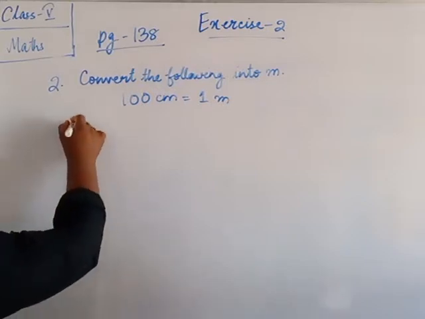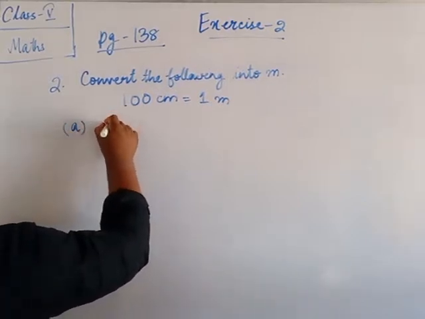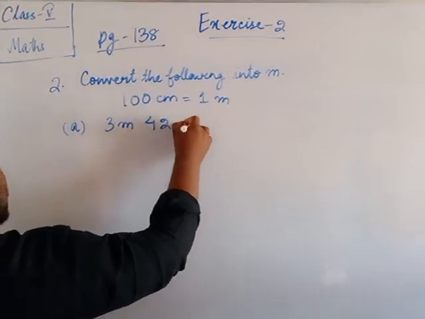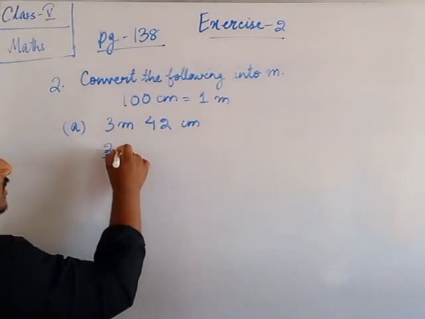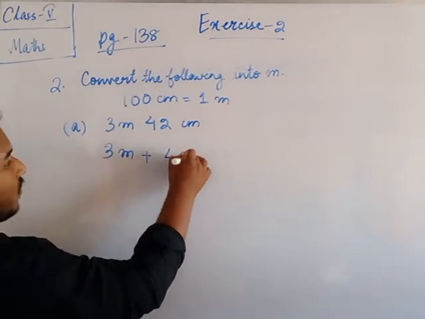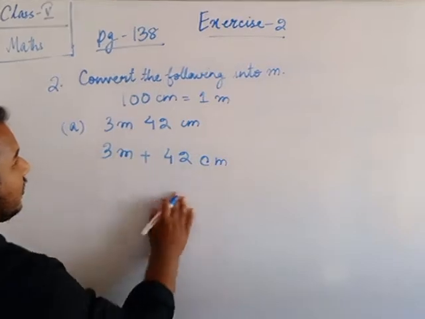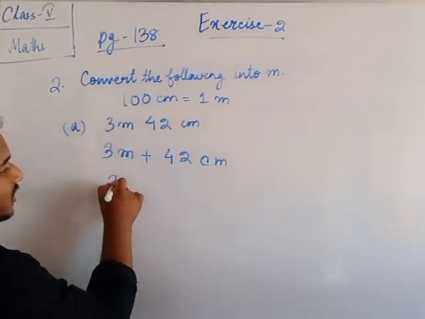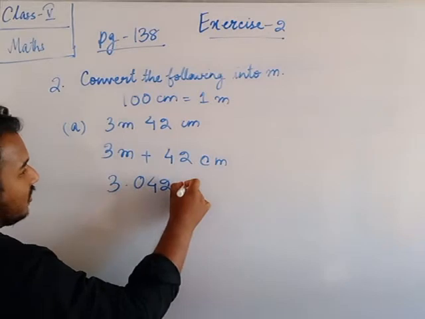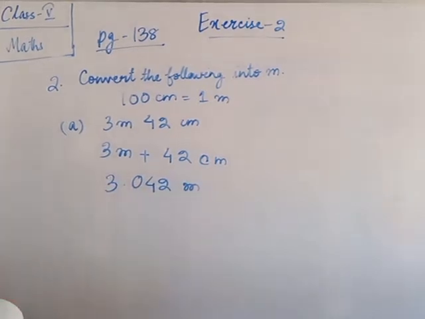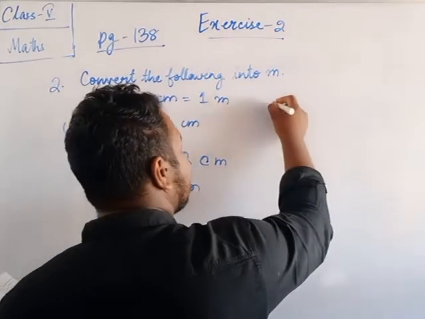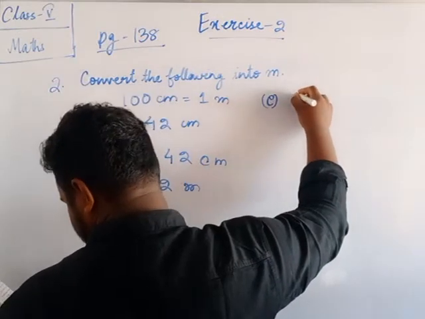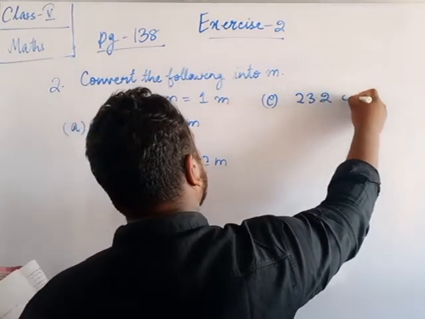Look at the A number question, 3 meter 42 centimeter. You simply write it as first 3 meter plus 42 centimeter. 100 means 3 digits, here 2 digits are there, so you will write 3.042 meter. Finished. Similarly, look at E number, 232 centimeter.